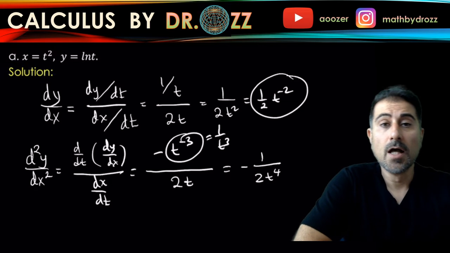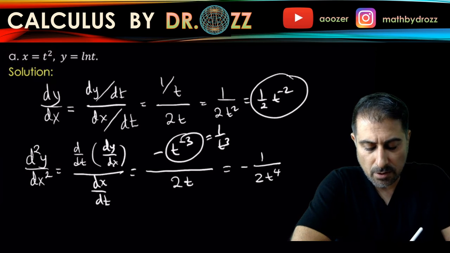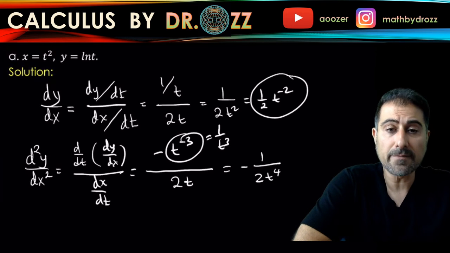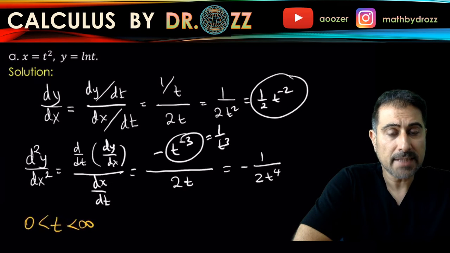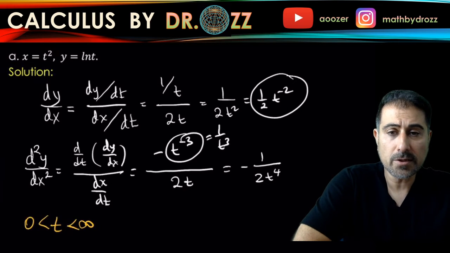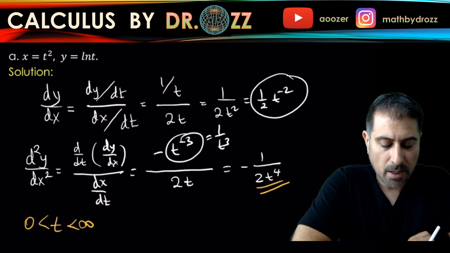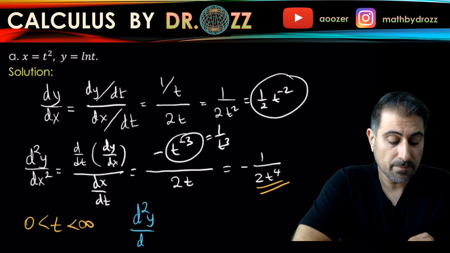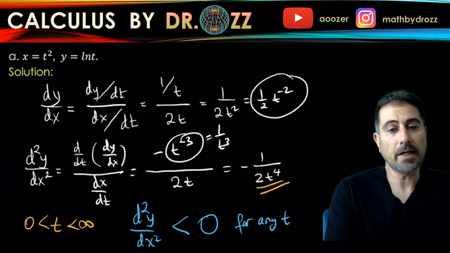That's good. And I'm going to look at the sign of that for different t values. And t values are ranging between 0 and infinity. And 0 is not included, so I'm safe because I'm not dividing by 0 here. One conclusion here is that d squared y over dx squared is less than 0 for any t coming from the interval 0 to infinity.